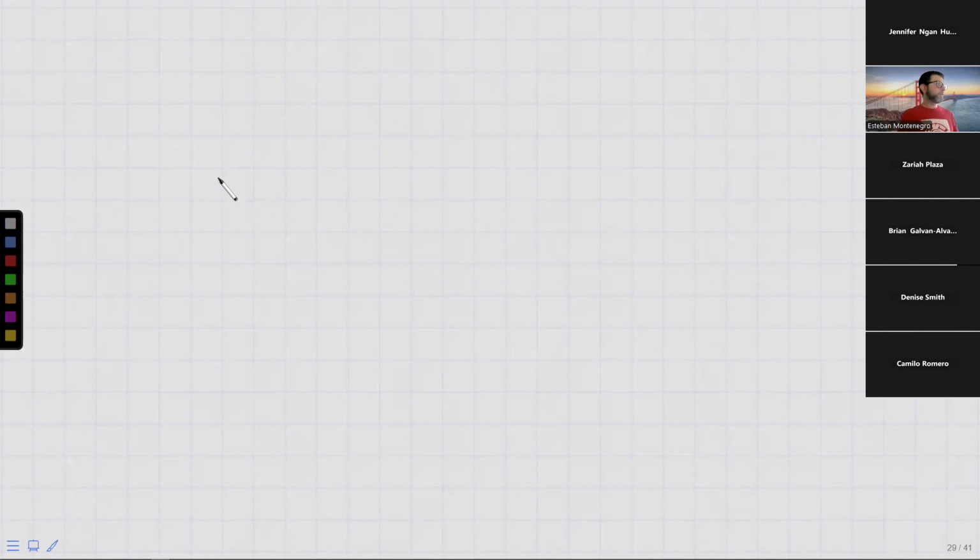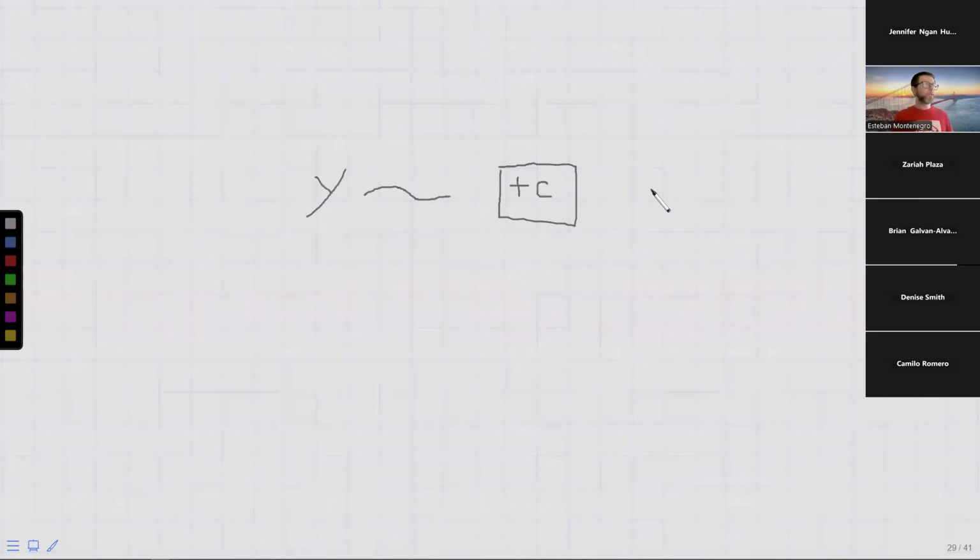In a t-test, we have a binary variable, right? It could be, for example, treatment and control group. And we have a continuous outcome. That's the only thing we have in a t-test.